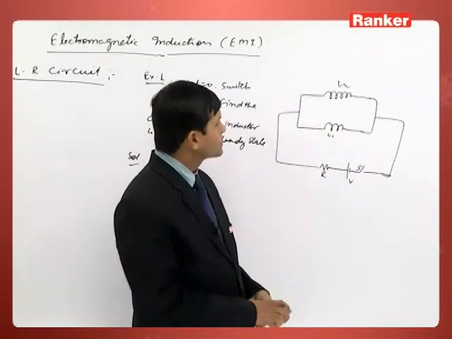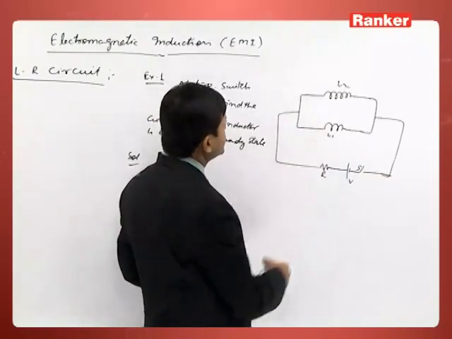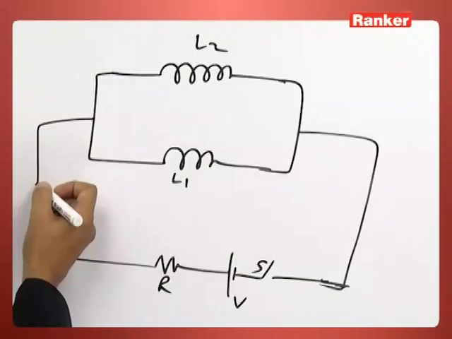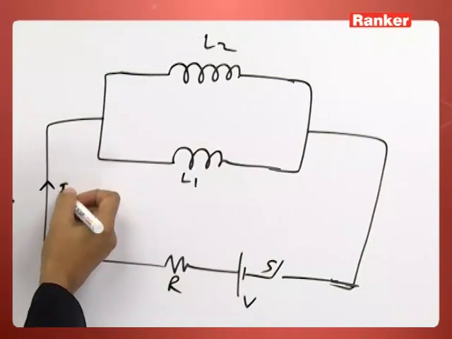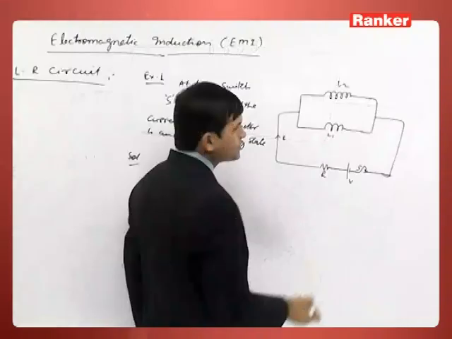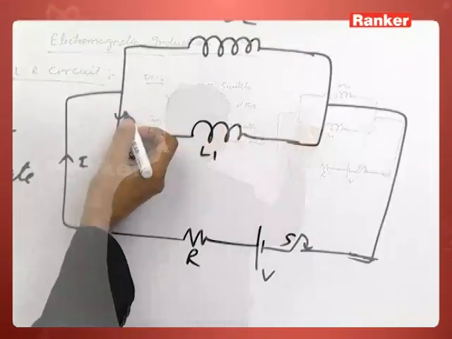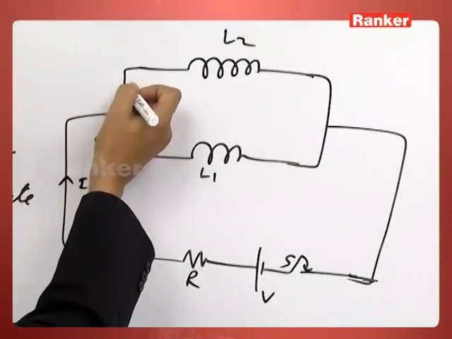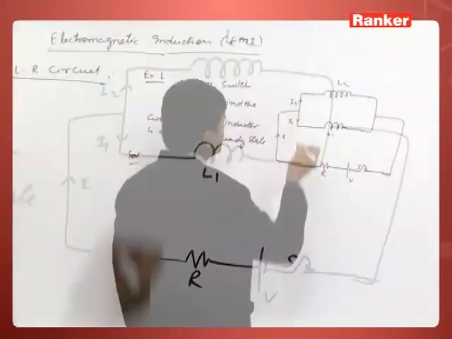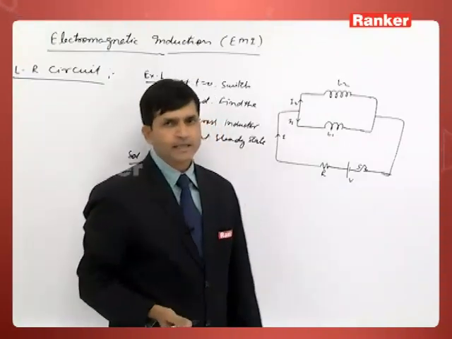Since the current increases, they are opposing. So let at any instant I be the current here, which can be split as I1 here and current I2 here. This is the condition here.